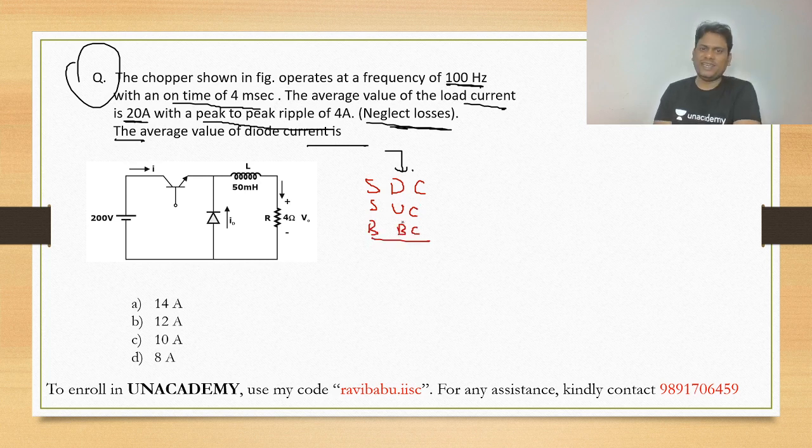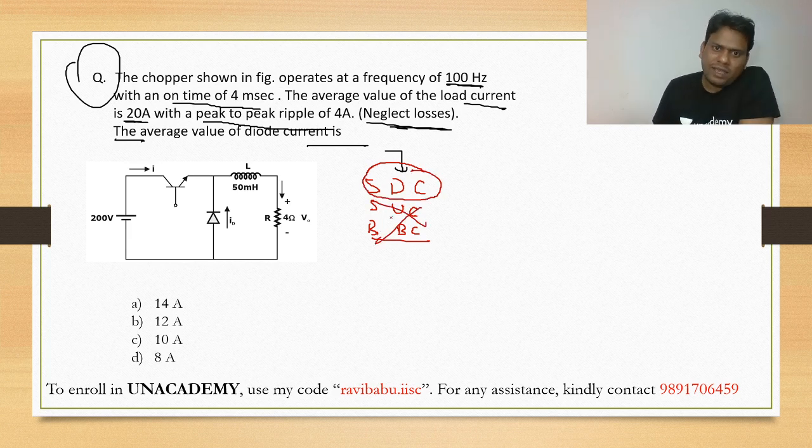See, on the supply side there is no inductor, and the inductor is not common in between source and load. So it is a step down converter.